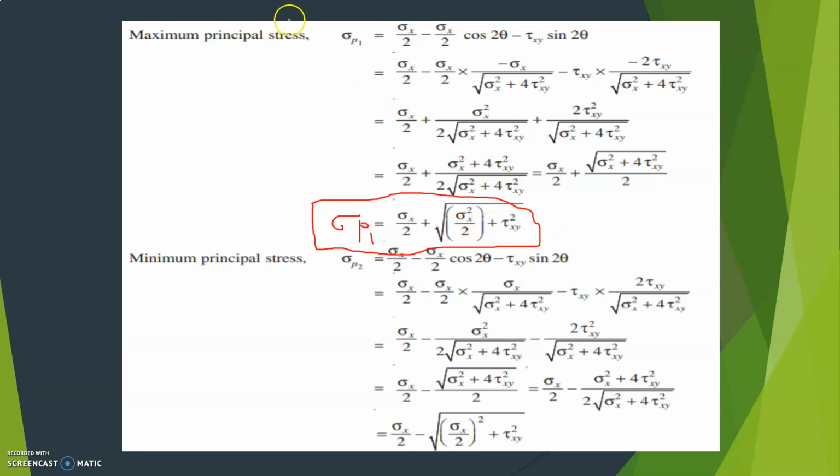And you have to find the minimum principal stress also, sigma P2, the minor principal stress, which is equal to sigma x divided by 2 minus square root of (sigma x divided by 2) whole square plus tau square xy.